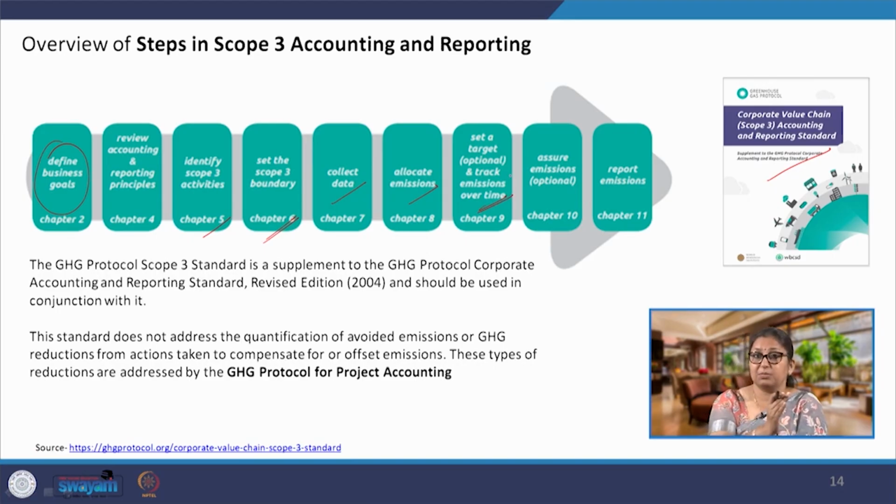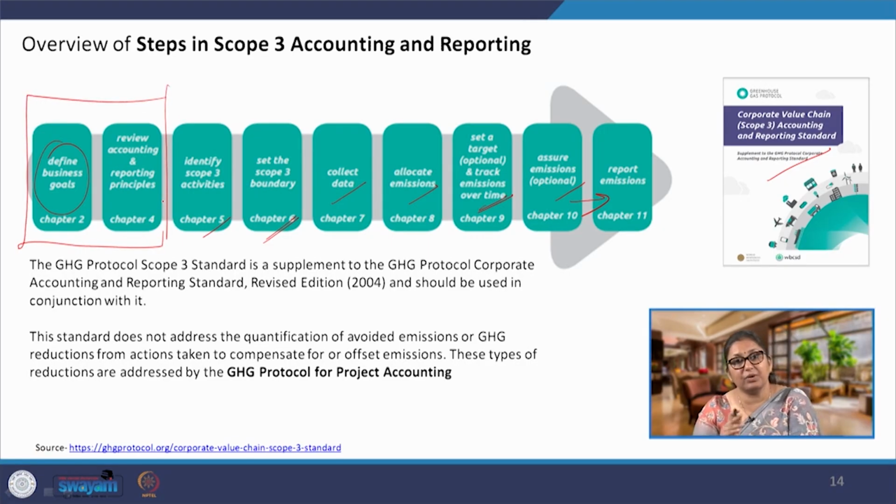So, we are estimating the emissions for the baseline year and then for the reporting year, and then tracking the change, the difference in the emissions, whether they are reductions or not, and then assurance, not necessarily, like validation or third party validation, else go to the reporting. So, pretty much the same except for the first two parts, where we first define the business goals to know which activities should be covered in scope 3, because scope 1 and scope 2 are very clear.